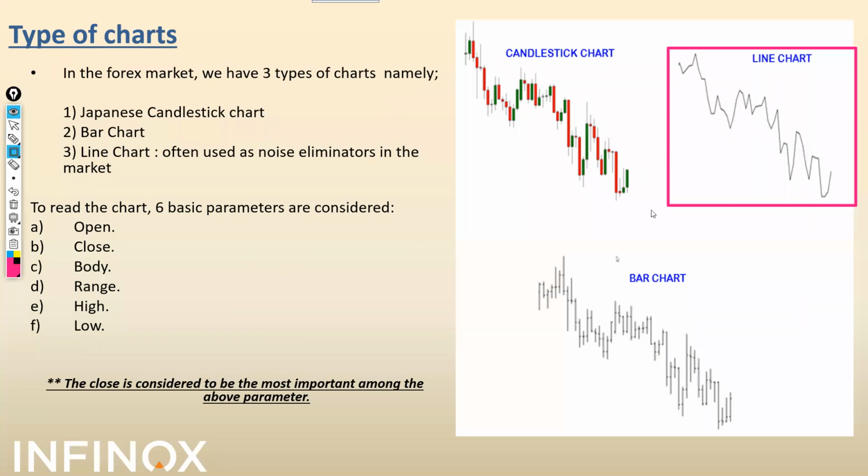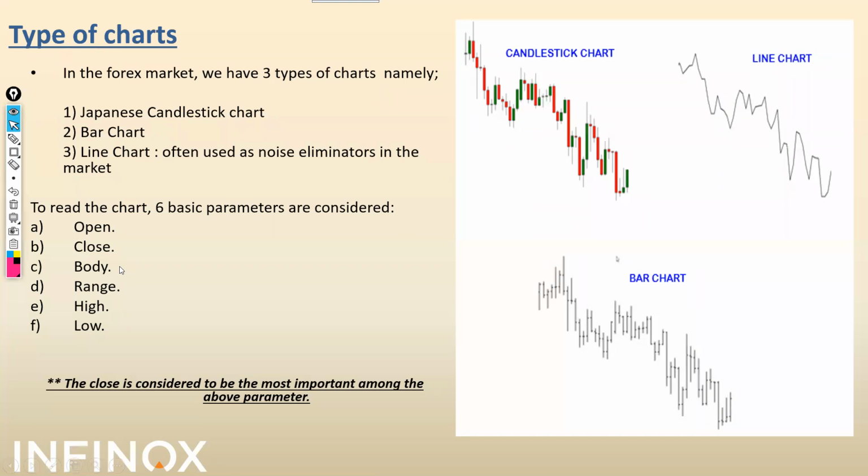So the closing prices of these candles are connected together, and then it forms this line chart that we have here. So for any other price data captured on a candlestick, the close is the most important. The line chart assumes that any other price data is noise.